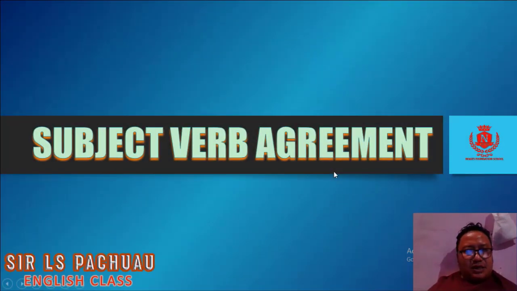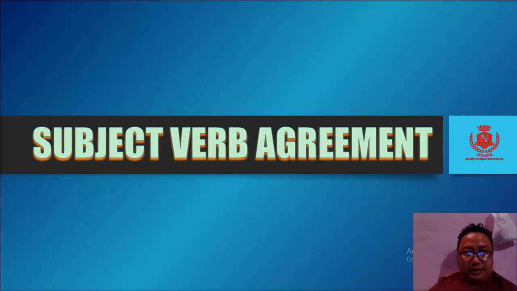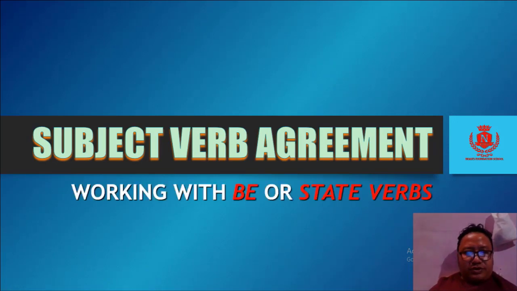In the previous class, we learned how to work with action verbs, but now we will try working with be or state verbs. But remember that we are still in subject-verb agreement.